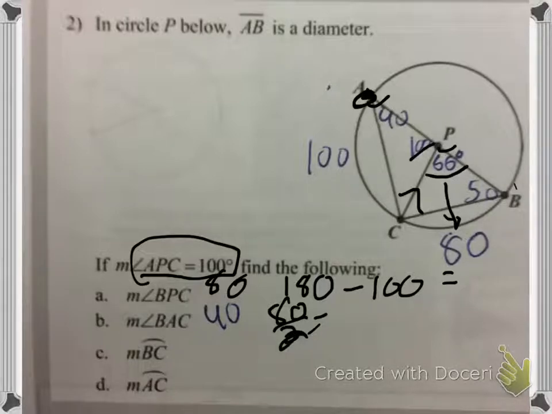Alright, arc BC. Since we know this central angle is 100, that means AC will be 100. And we also know that BC right here will be 80.